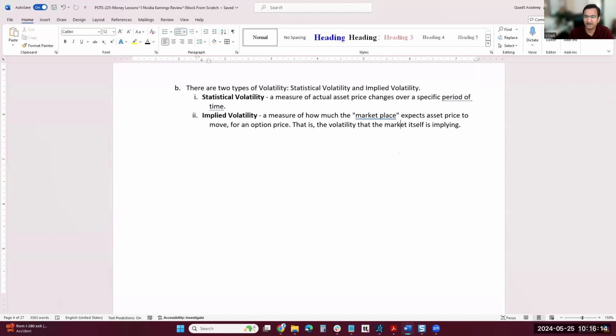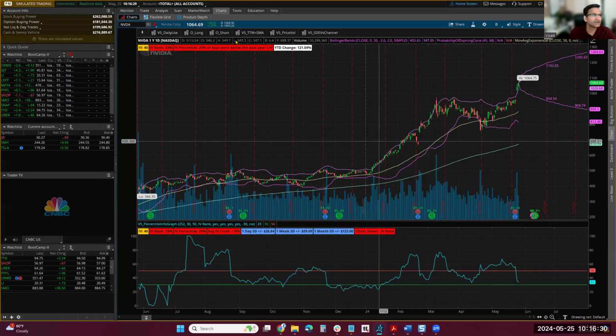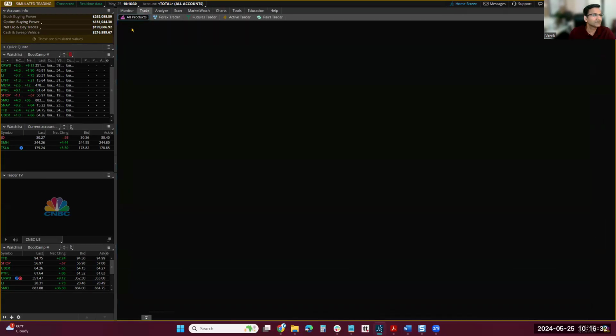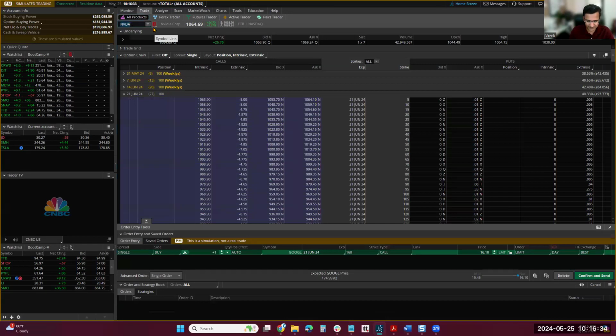So it is implied; it may move differently. The actual movement is what's called historical volatility, because now that's history. So if, sitting now at our current pricing, let's say, let's pick up, not Nvidia.